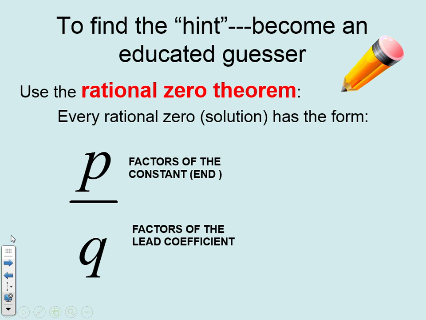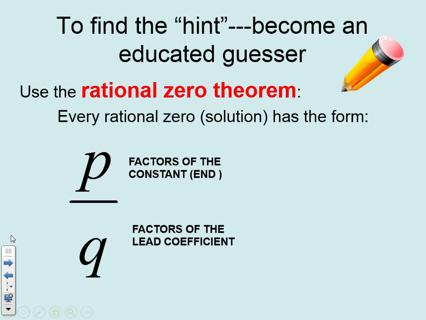Now, what does this do for you? Well, instead of being a guesser of an infinite amount of numbers, because every number in the world, that would be infinity, instead of guessing out of an infinite number of numbers, I'm going to narrow my selection down by using P over Q. So I might only have 10 possibilities.